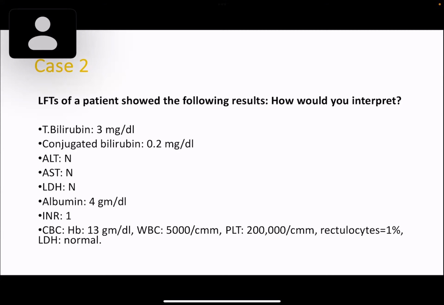Hemoglobin is normal, reticulocyte count and LDH are also normal. So the most likely diagnosis will be Gilbert syndrome or Crigler-Najjar syndrome. But the commonest one is Gilbert syndrome. So most likely Gilbert syndrome in this case because of recurrent and mild attacks of jaundice.